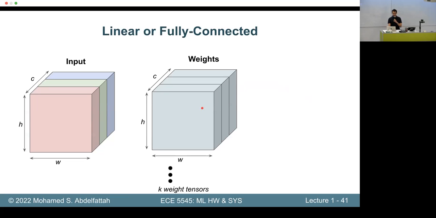I showed previously the weights of a convolution layer. They're also repeated k times, but for fully connected layers, each one of those weights, or the equivalent of the filter, is the same size as the input. So now you can imagine there are many more parameters that I need to fetch from off-chip memory for a linear layer.